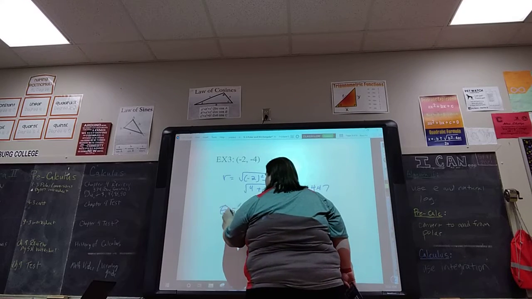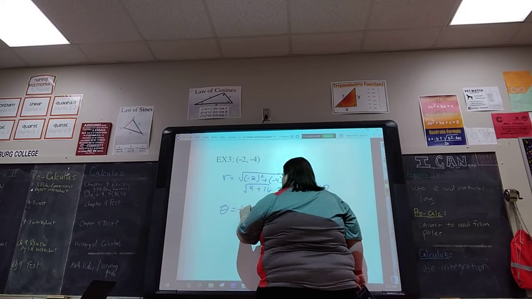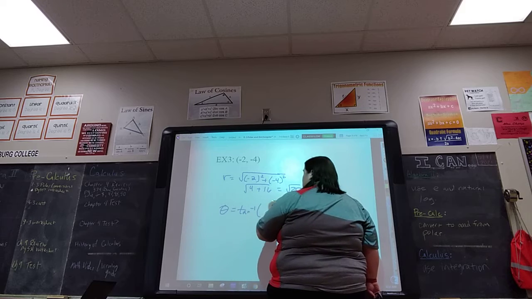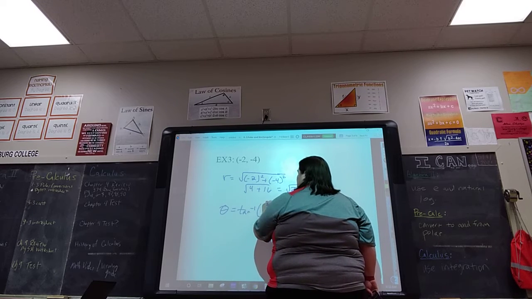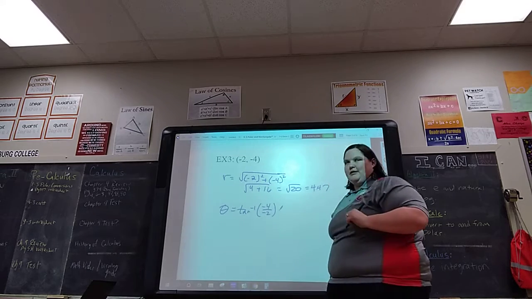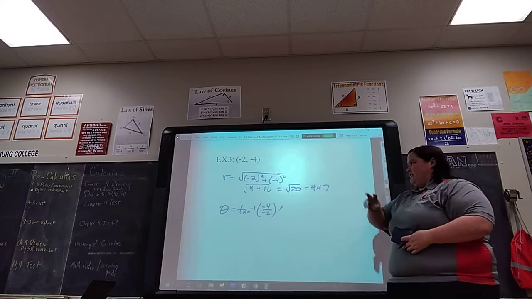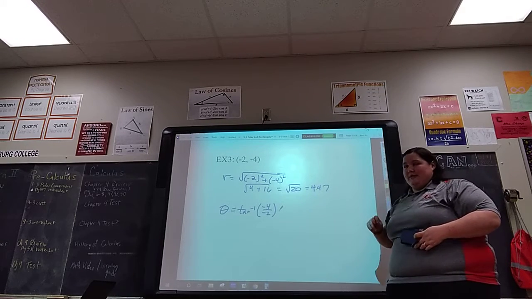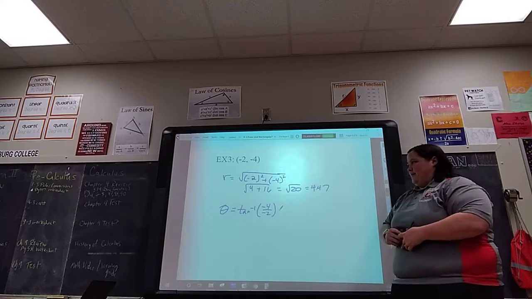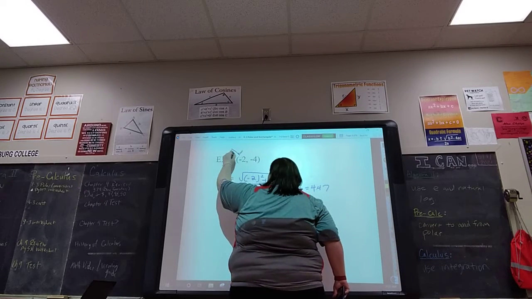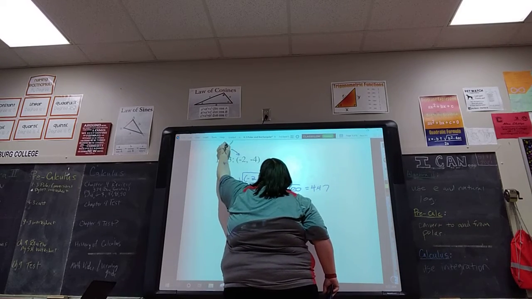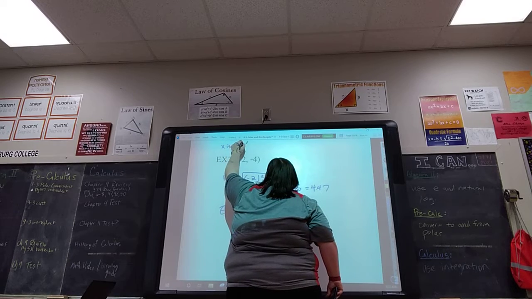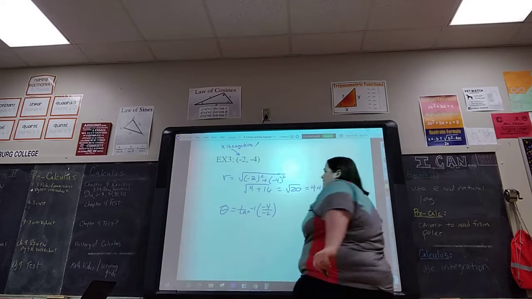Now theta. Are we going to have to worry about adding something with this one? Yep, because again, as long as one or both of the original two numbers is negative, you're going to have to add something. So this one, the important one is x.